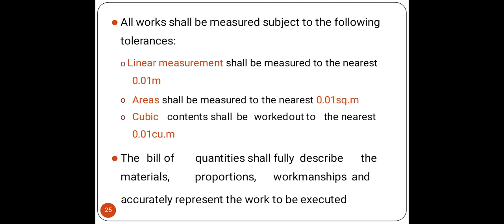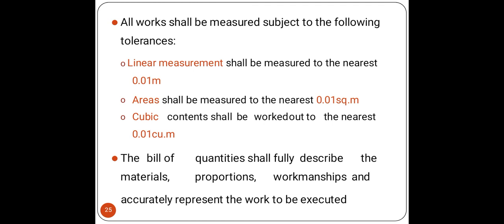All works shall be measured subject to the following tolerances. Linear measurement shall be measured to the nearest of 0.01 meter, areas shall be measured to the nearest of 0.01 square meters, and cubic content shall be worked out to the nearest of 0.01 cubic meters.